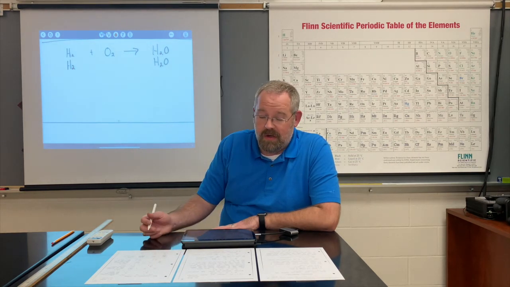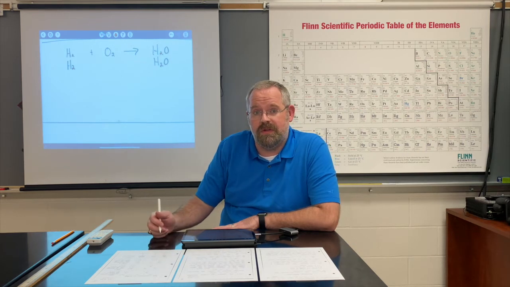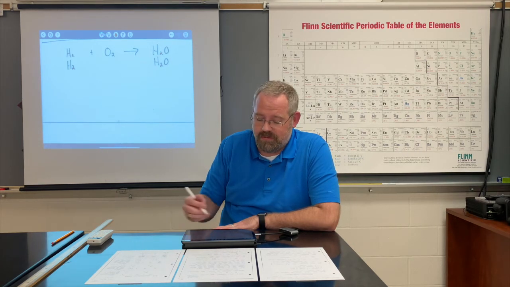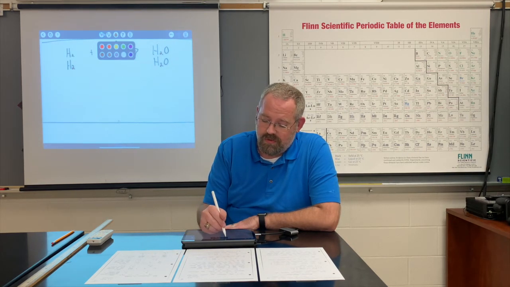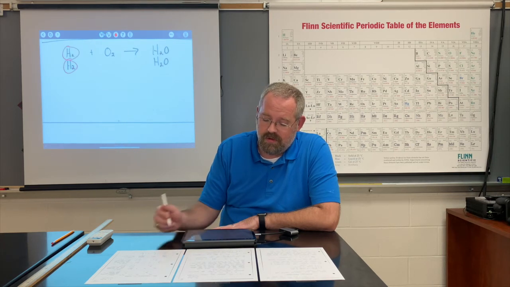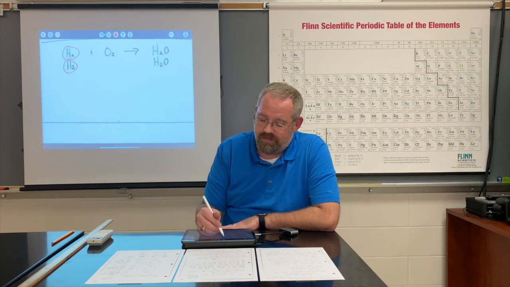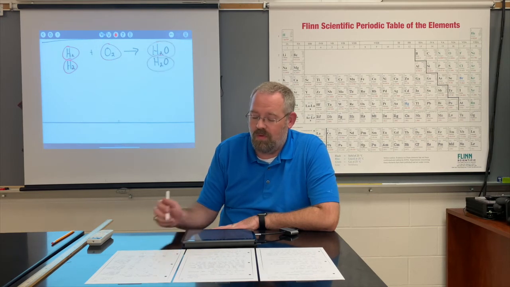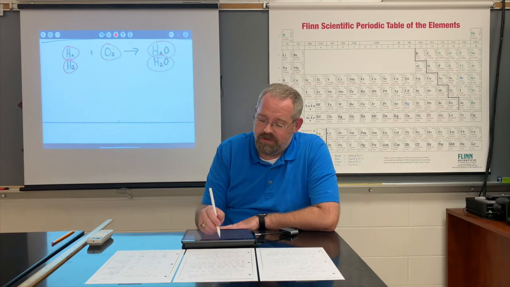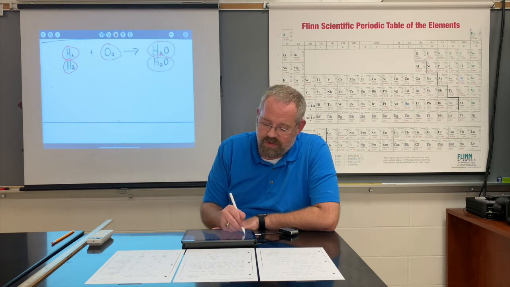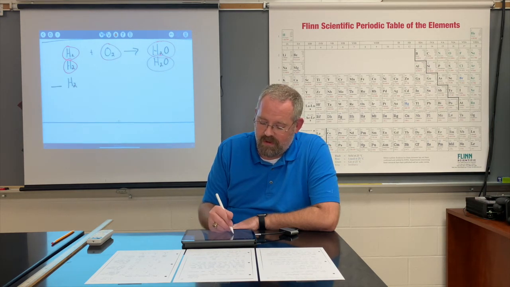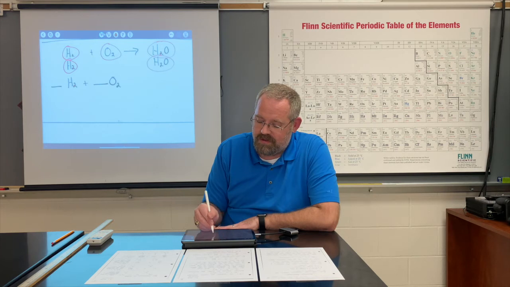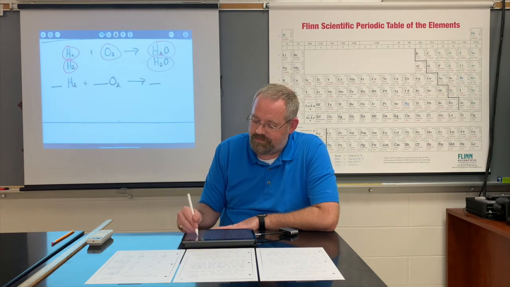Well, now it appears our equation has all the proper atoms. So I have 2 hydrogen molecules, I have 1 oxygen molecule, and 2 water molecules. So we will rewrite this with coefficients in front of these molecules.